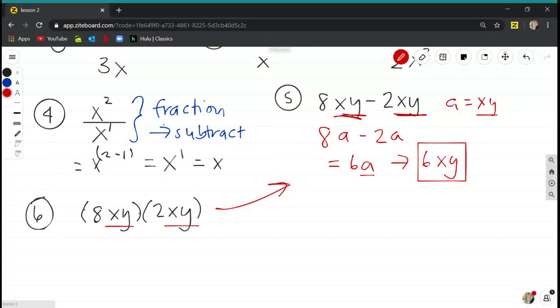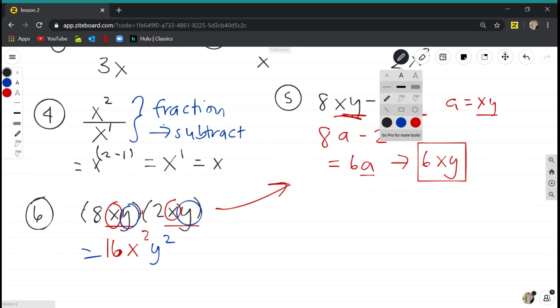Because the parentheses mean times, so 8 times 2 is 16. And then x times x is x squared, and y times y is y squared. So that's our answer.